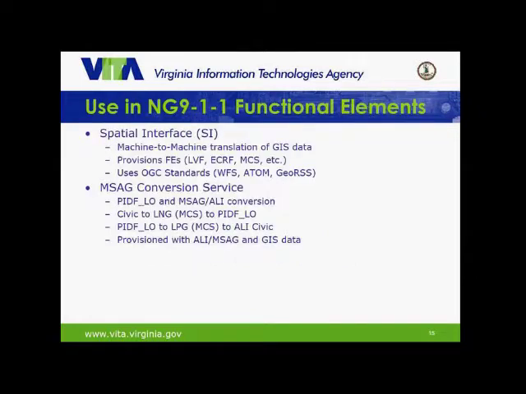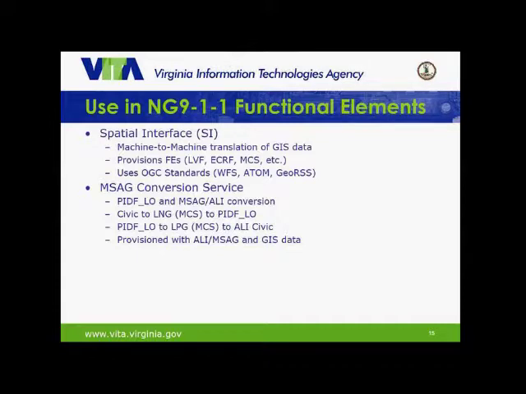The next two items that are functional elements that use the GIS data start with what's called the spatial interface, which we talked about before. It's not a functional element, but a process by which the GIS data you provide is converted from the GIS data model format into the format needed by the Next Generation 911 systems like the LVF and the ECRF.